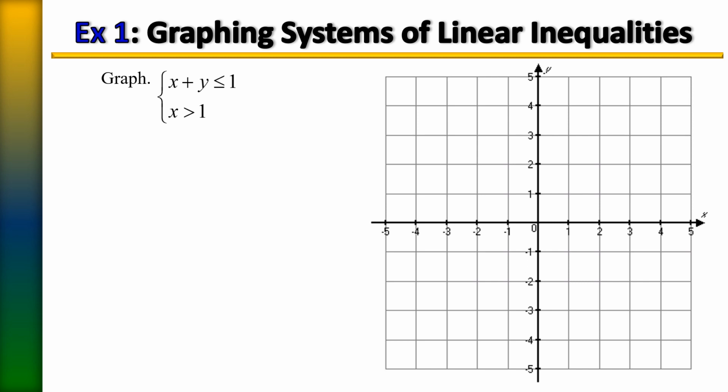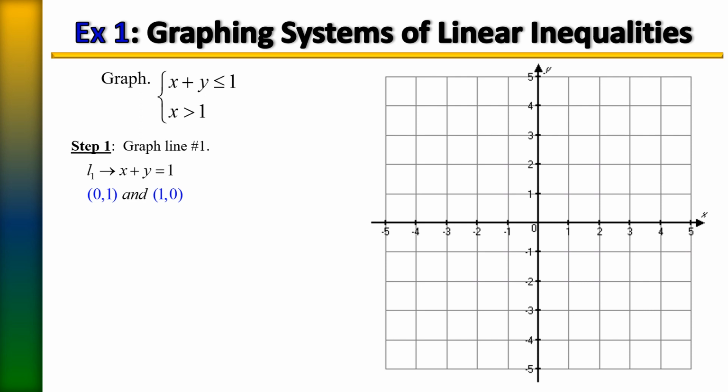So for example, if we cover up y and let y be 0, you can clearly see that x will be 1. And if we cover up x, we can see that y will be 1. Okay, so what we call that is the x and y intercepts. Again, you let one variable be 0 in order to solve for the other variable.